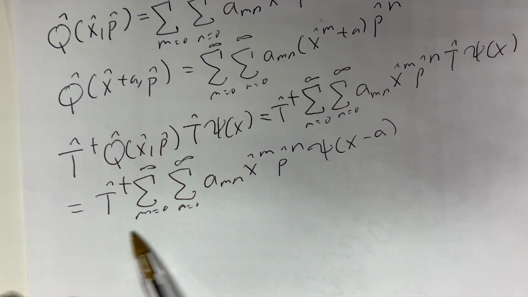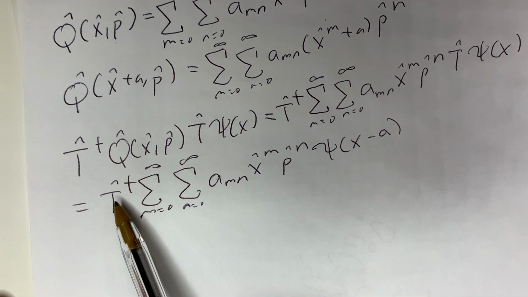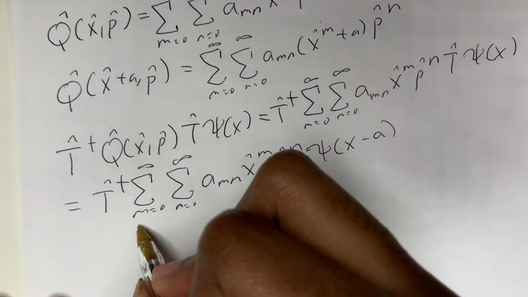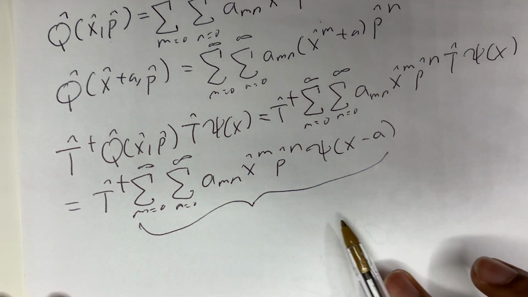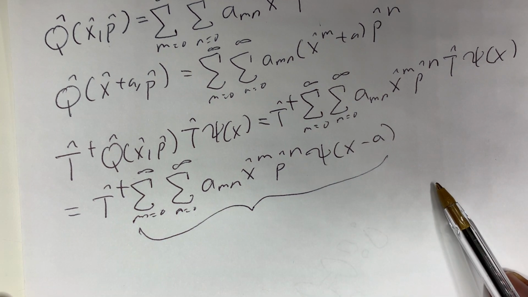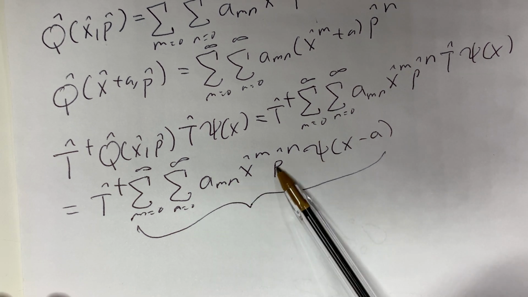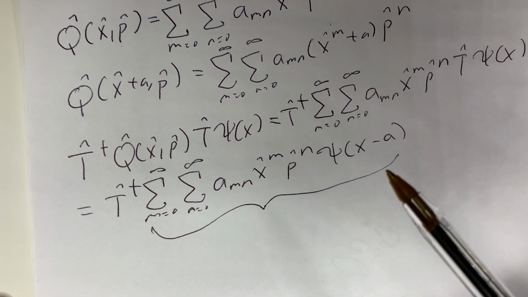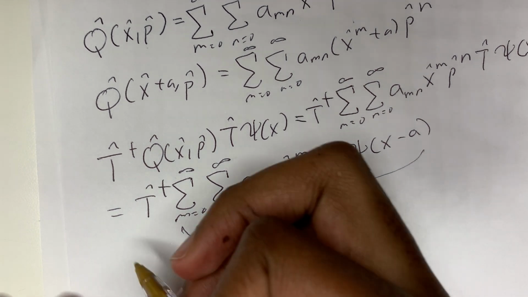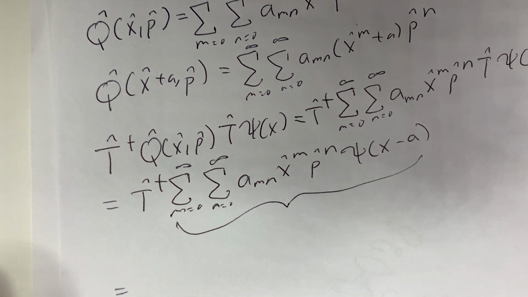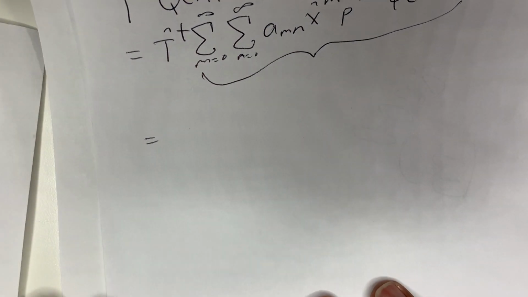Okay, so you have this now. You have t hat dagger operating on all of this. This is acting like a big old function, really. And now you actually have to write out p hat to the n and x hat to the m. So let's do this straight upwards.